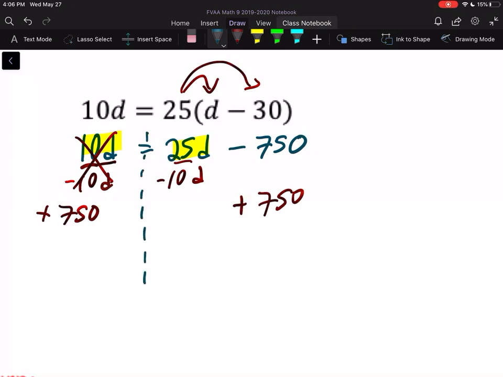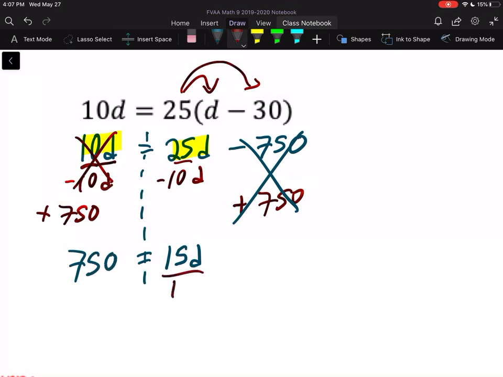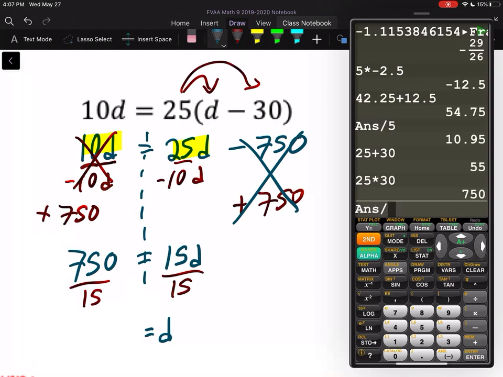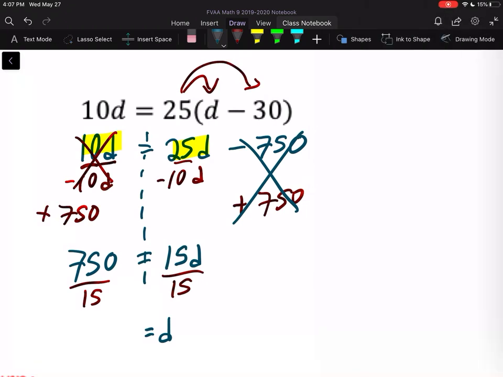Now this is going to cancel out here, and I get 25d minus 10d is 15d, equal to 750. Then I divide both sides by 15, and I get d is equal to 50. That would be your final answer there.